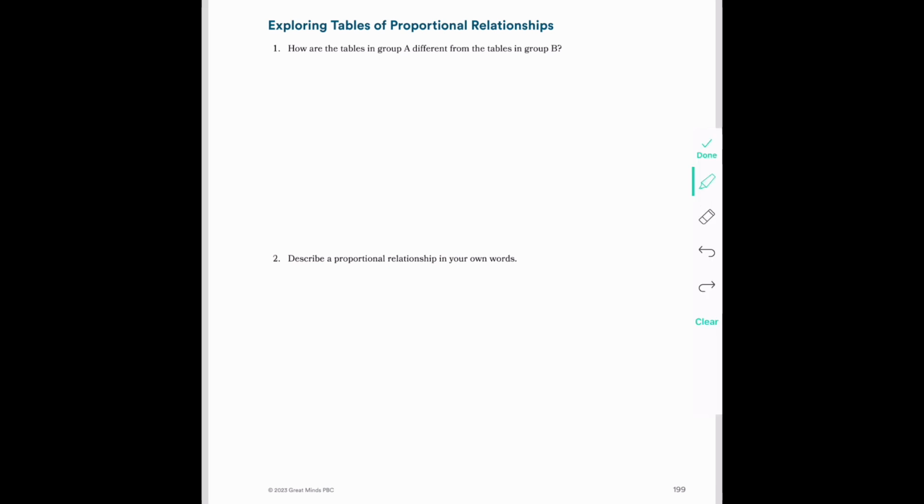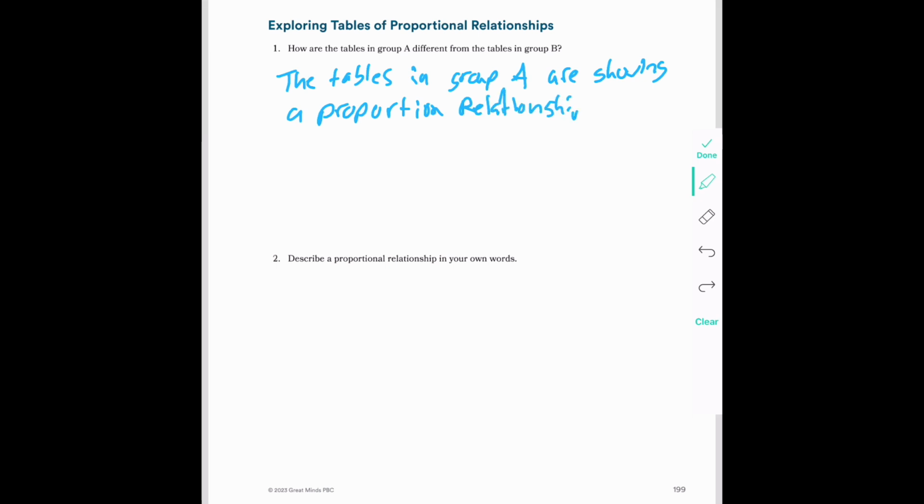It's a very simple answer: the tables in group A are showing a proportional relationship, while the tables in group B are not. Okay, so a very simple answer there.